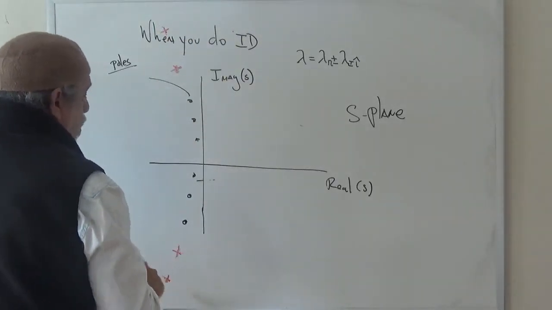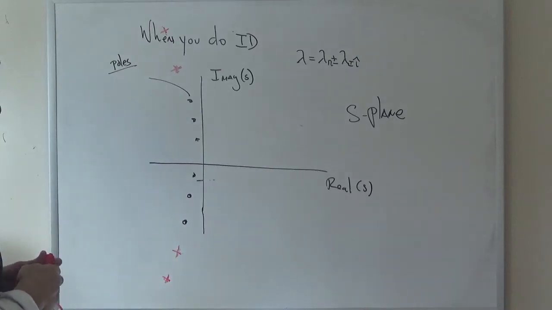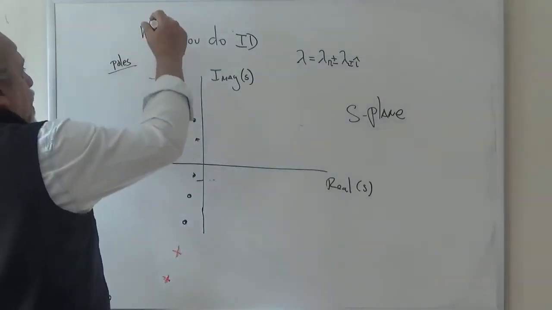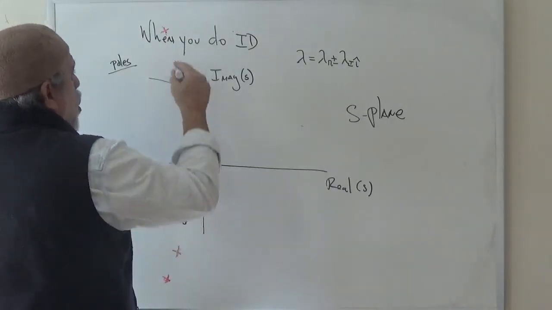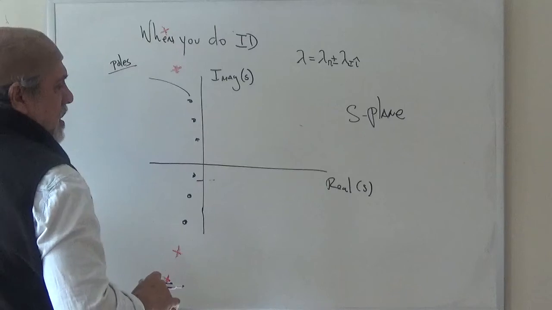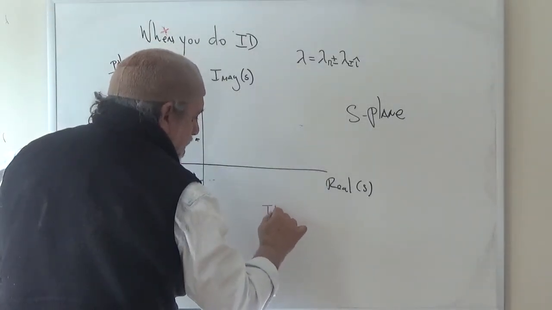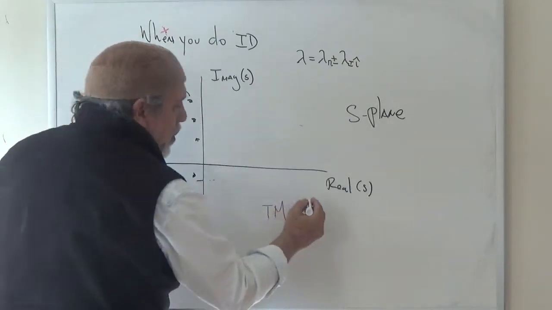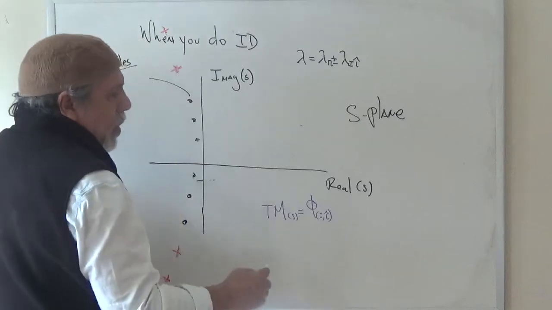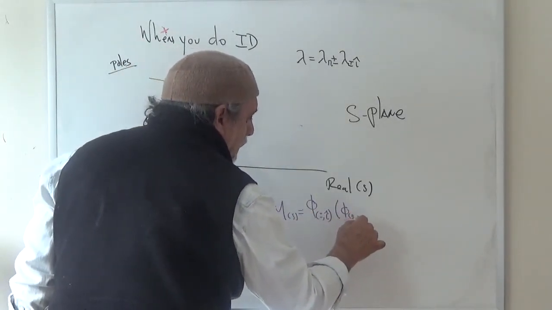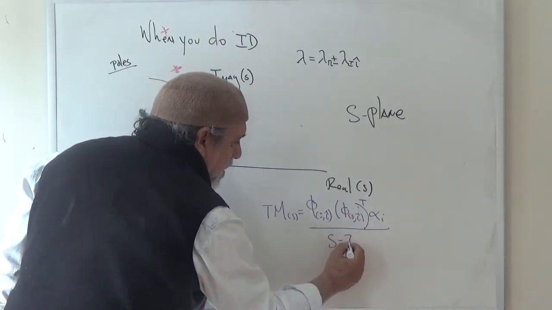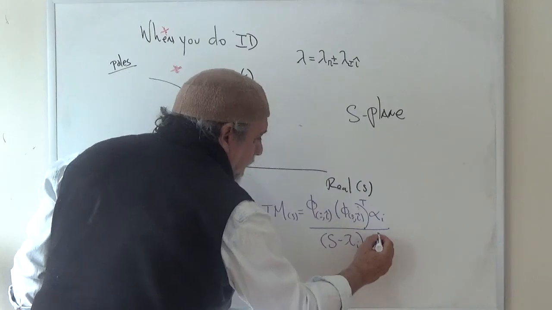Now, when we select S values to do the DDLV approach, we should not select values of S which are closer to unidentified poles than to the identified poles, because in that case the influence, remember that the transfer matrix, using the notation from last class and from the homework that you're doing, was something like this: phi comma I, multiplied times phi comma I transpose, times alpha I, divided by S minus lambda I to the P, right?